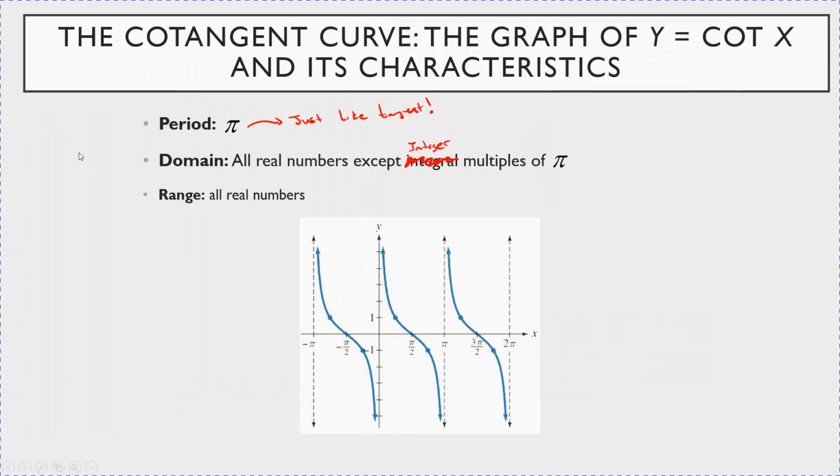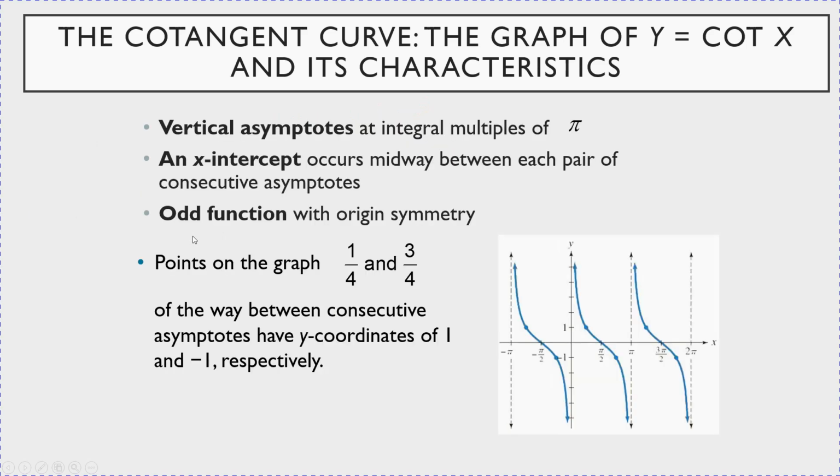All right, so what we're going to talk about now is how you're going to sketch this graph. And you're going to need to know these characteristics, and you're going to notice it's going to be a lot like the tangent graph.